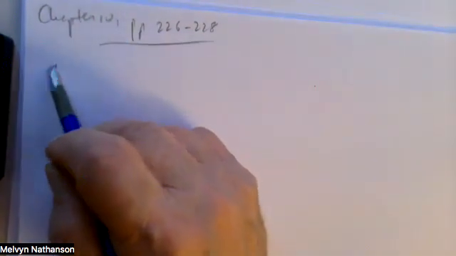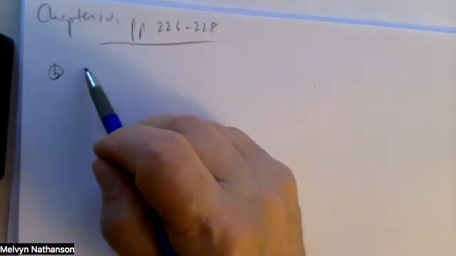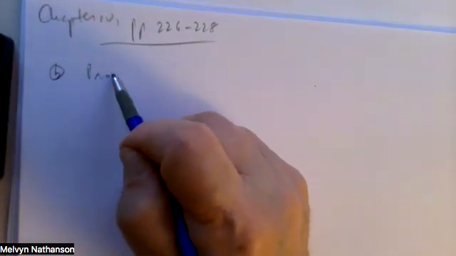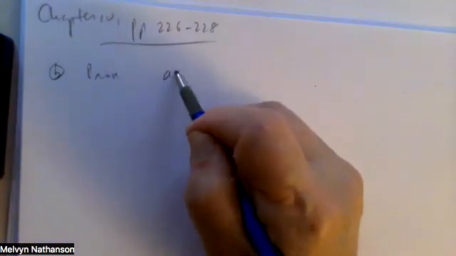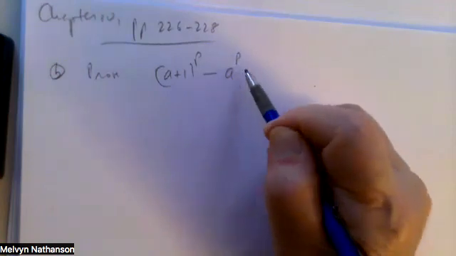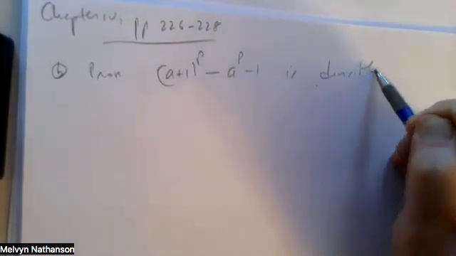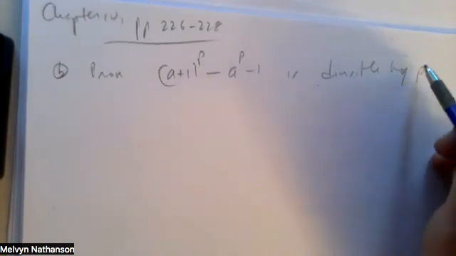So this is part B. We want to prove that (a plus 1) to the p minus a to the p minus 1 is always divisible by p.